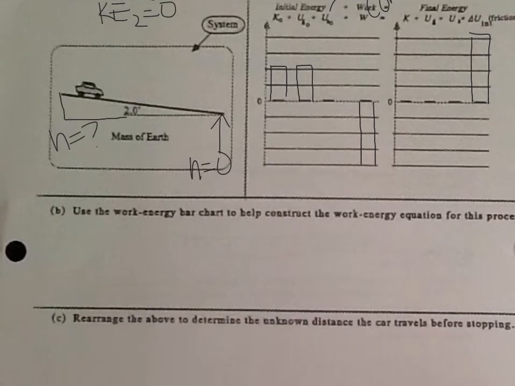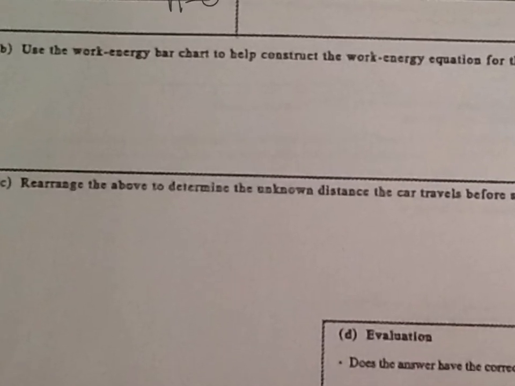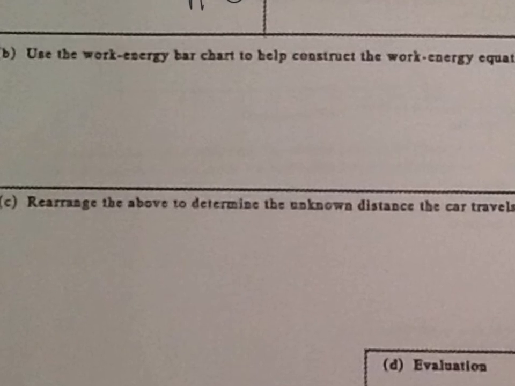In part B, the question now asks us to use the work energy bar chart to construct a work energy equation for the process. So we always start with E1 plus W equals E2.